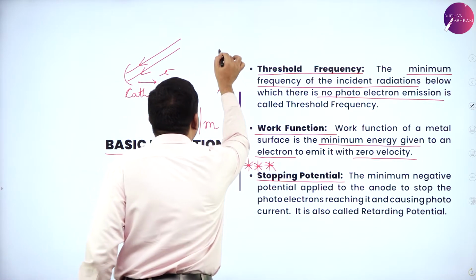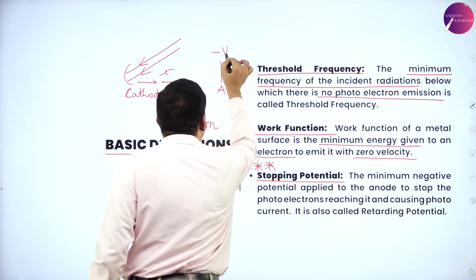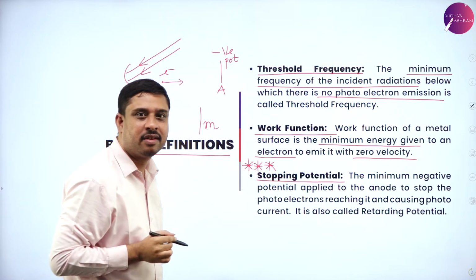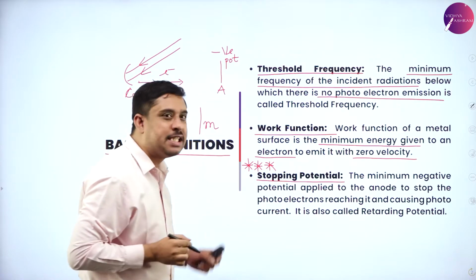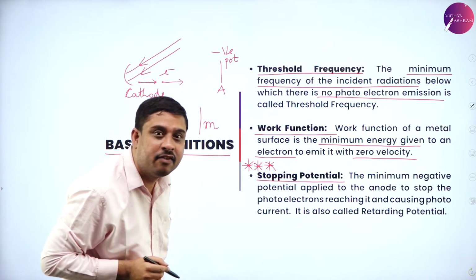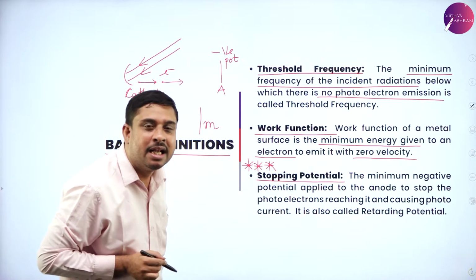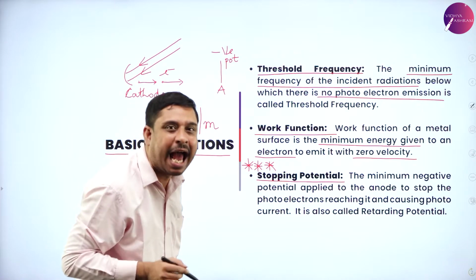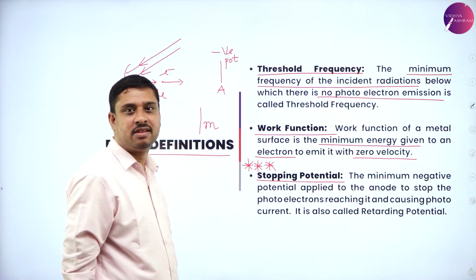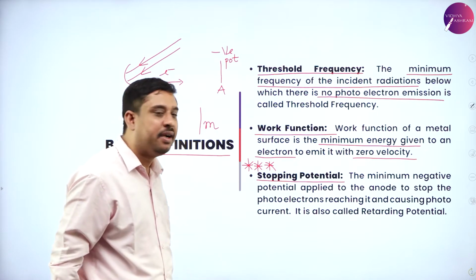I will make the anode negative in potential. Now the anode is negative. Electrons are also negative. They repel. They don't go towards the anode. They don't constitute photocurrent. So what has happened?